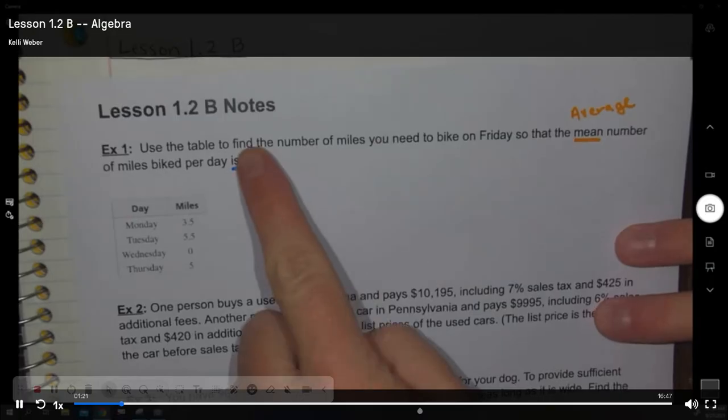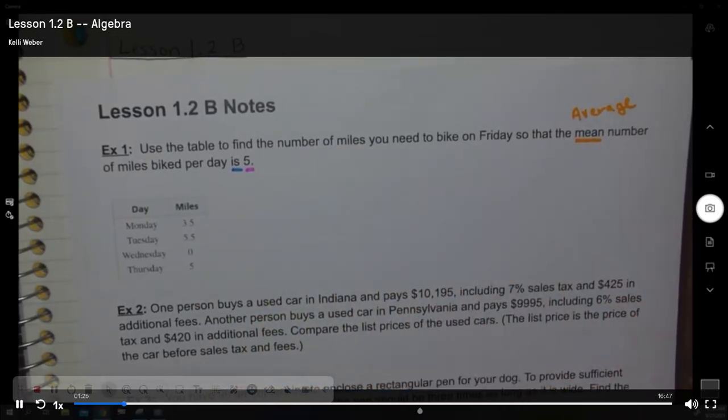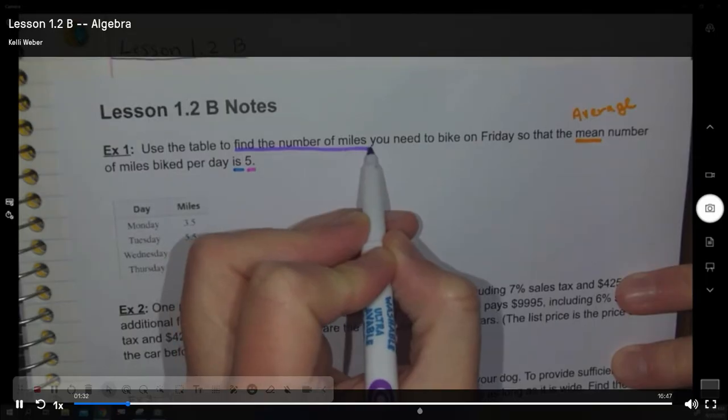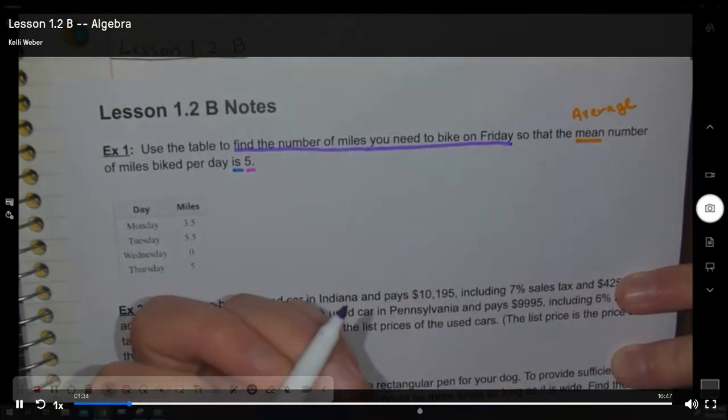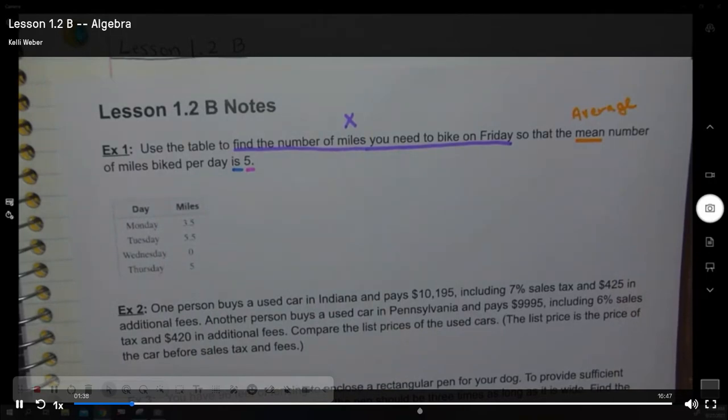And then we have to remember, so we're looking for how many are we going to need on Friday. So that phrase right there, find the number of miles you need to bike on Friday, this is going to be representing our variable this time. So it's quite a big phrase, but it is representing what we don't know and what we're trying to find.